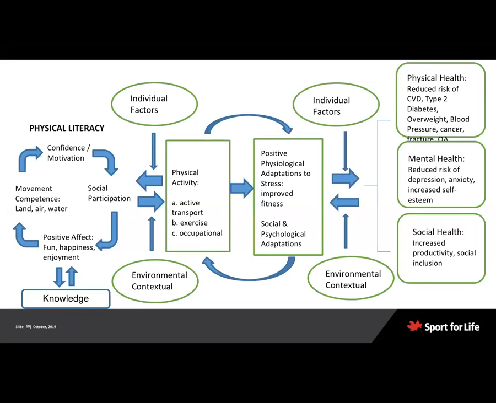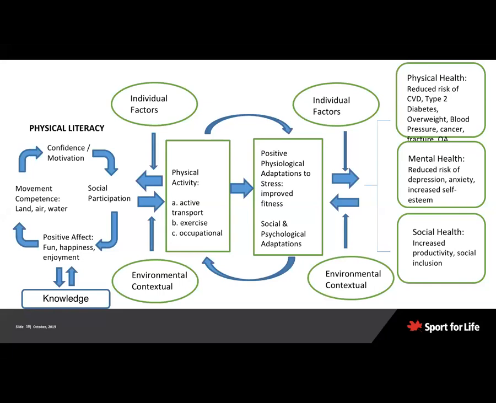Physical activity does this. Physical literacy, if we develop a higher level of physical literacy, so not just the physical skills, but also the confidence and the motivation, those affective domain components, if we have those in combination, we have a greater chance of having the types of outcomes we want to have, greater adherence and greater consistency of people being active on a more regular basis.